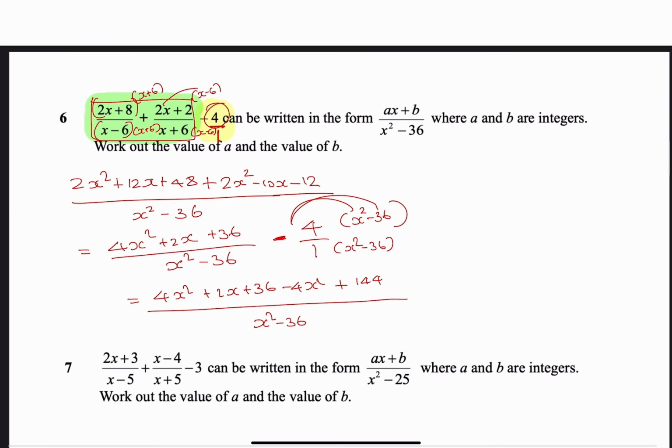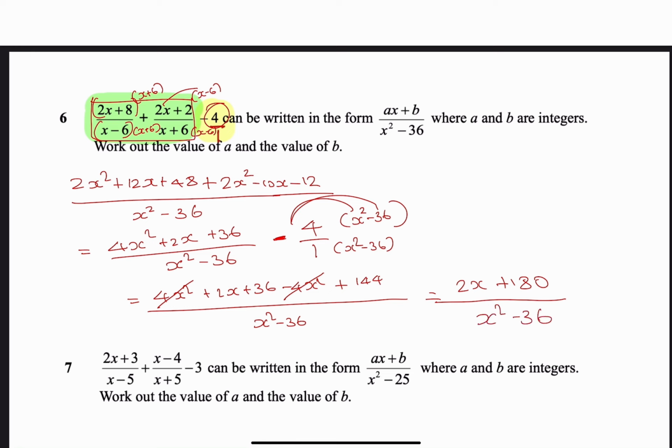And your finalized answer: 4x squared and minus 4x squared cancel, 2x, 36 plus 144, which is 180, all divided by x squared minus 36.